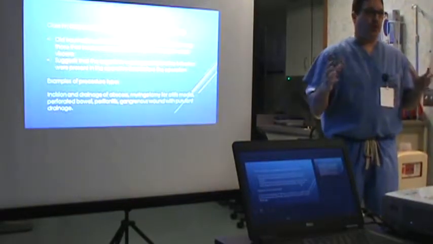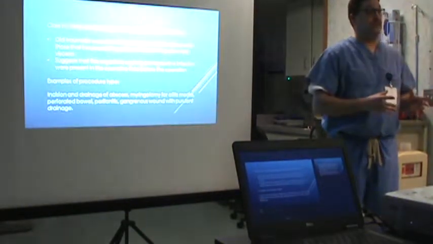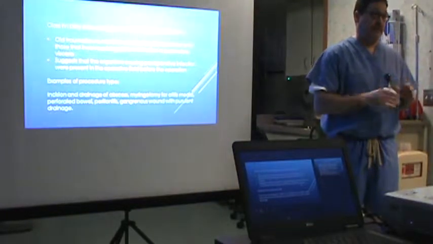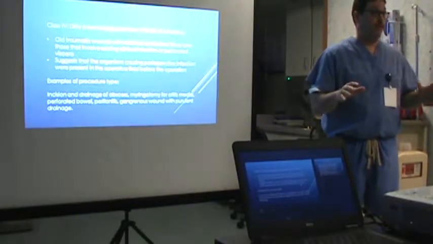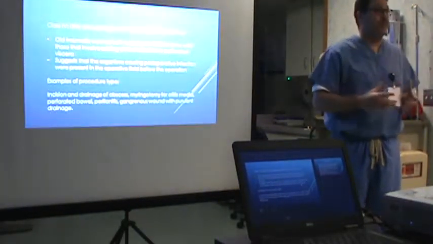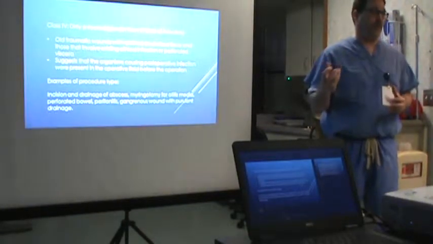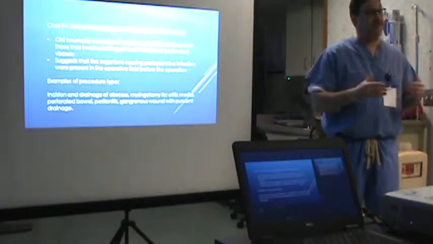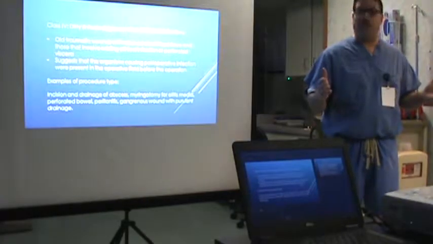So in everything that we're discussing, if we are able to make the case that there was infection present at the beginning of the case for whatever reason, or when we receive the patient, that's important for us to document, because that actually affects the entire course of the stay for the patient.